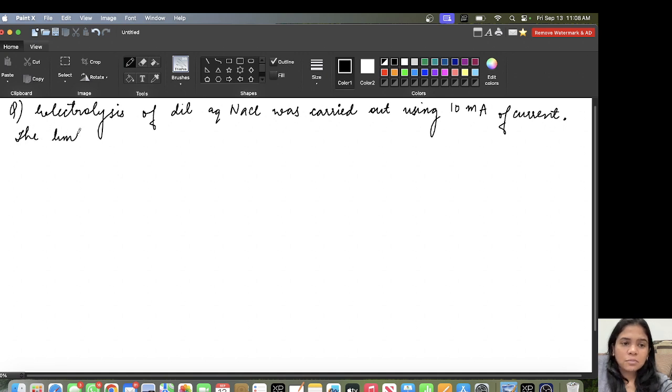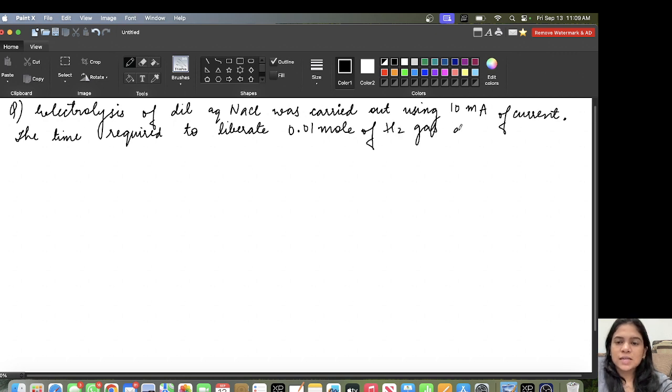The time required to liberate 0.01 mole of H2 gas at one of the electrodes. They are asking us the time required, right?